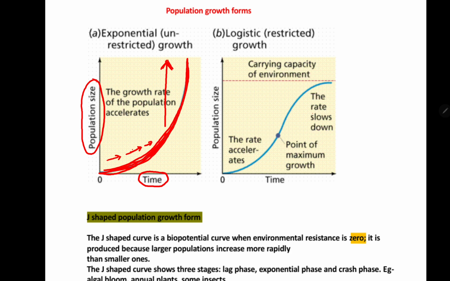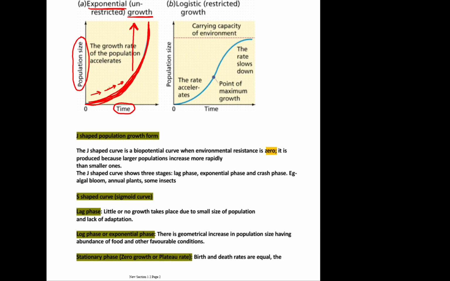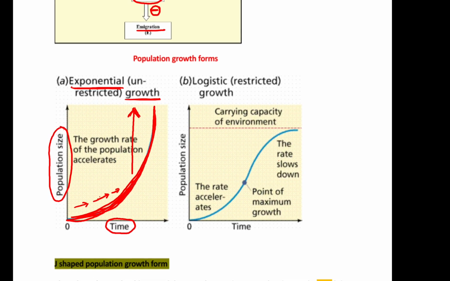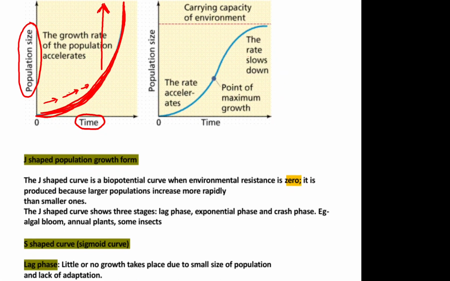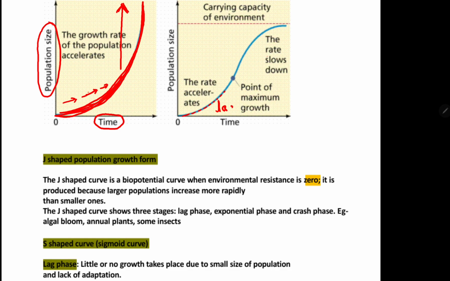But remember students, this J shaped curve, which is also called exponential growth, is possible only when the resources are unlimited. Fine or not? Now another thing, whenever the resources are limited, it is observed that at the start population growth will be slow, that is called the lag phase.